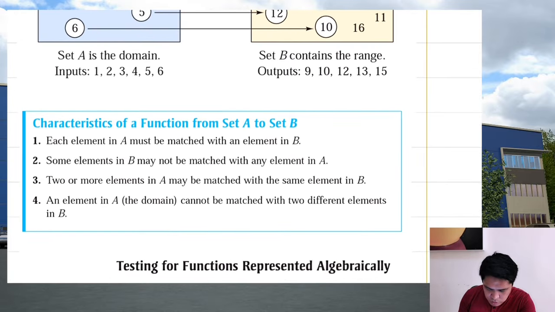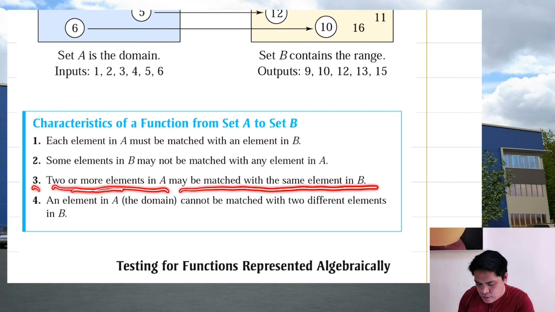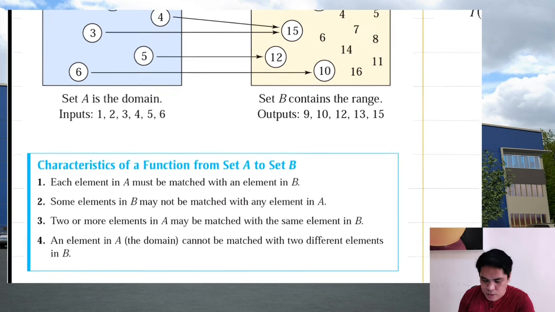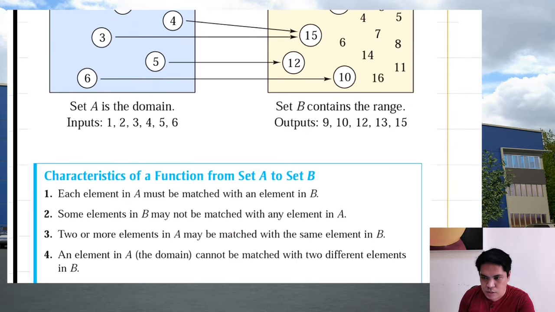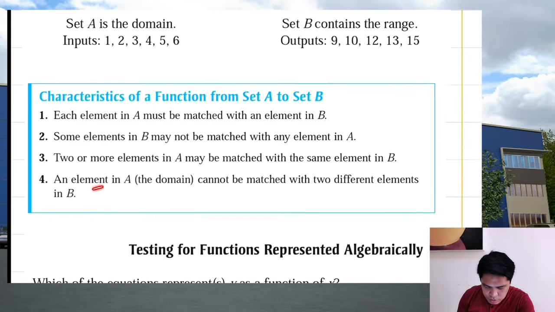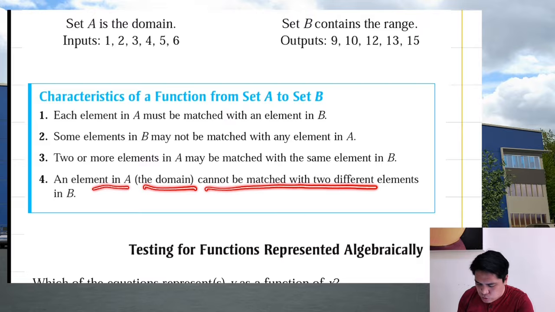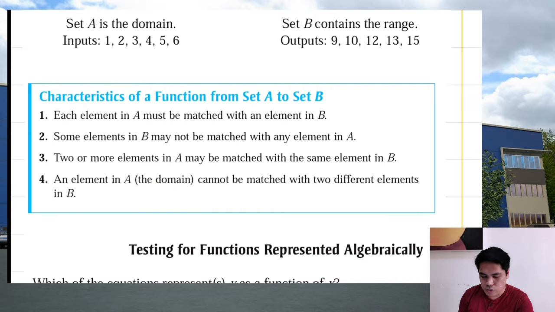Number 3, two or more elements in A may be matched with the same element in B. Diba, pwede. So eto, 4 to 15, 3, 15 din. That's okay because at least isa pa rin yung lalabas na result. An element in A, or the domain, cannot be matched with two different elements in B. So that is not a function.